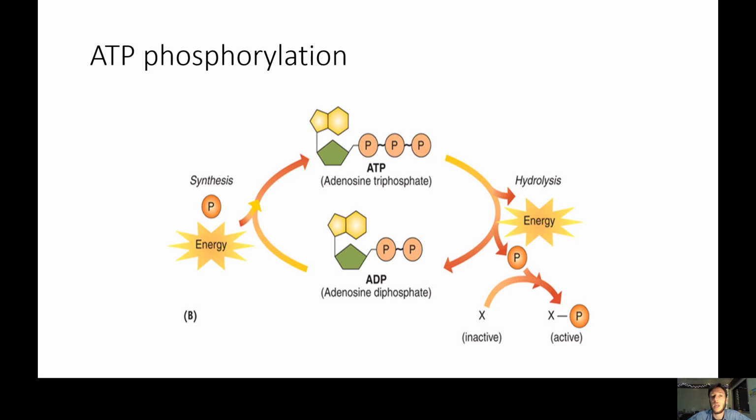ATP, first of all, is kind of like a battery, and you can think of it like a fully charged battery. It has a lot of energy stored in keeping this together. And again, what's keeping all these parts together? Electrons.